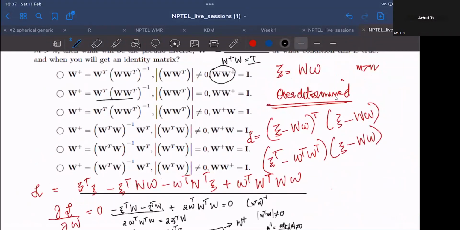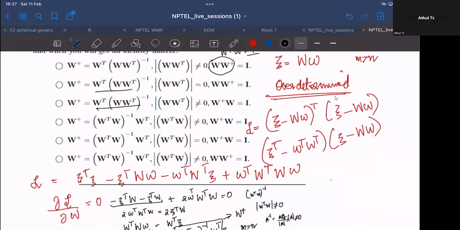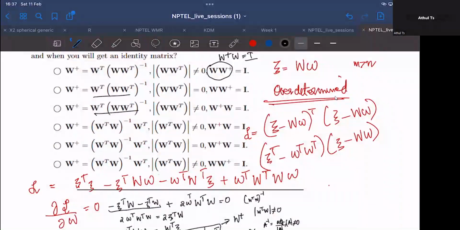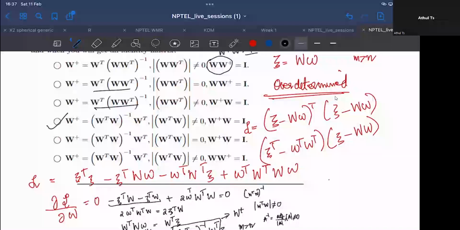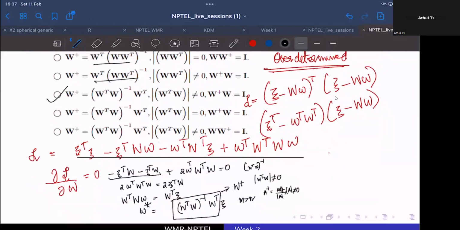The third option is also not correct. The fourth option is W transpose W inverse W transpose, with determinant of W transpose W not 0, and W pseudo inverse times W is I. This is the correct answer. This fourth option is the correct answer as per our definition.